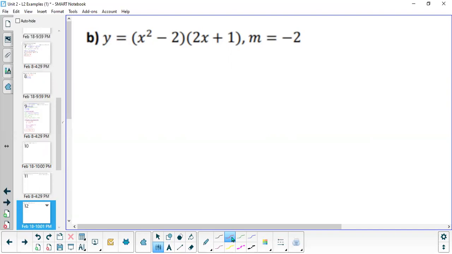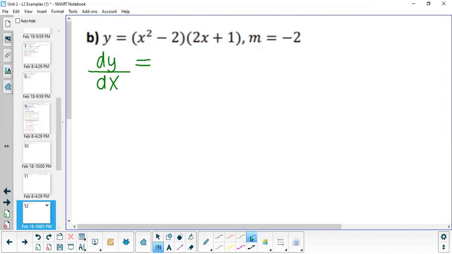So quickly, let's start off by calculating the derivative with the product rule. Notice that we are starting with y is equal to, so the derivative has to be written as dy over dx. dy over dx is equal to, that represents my derivative.